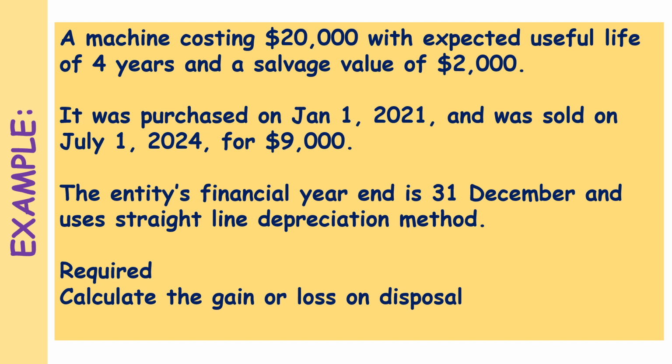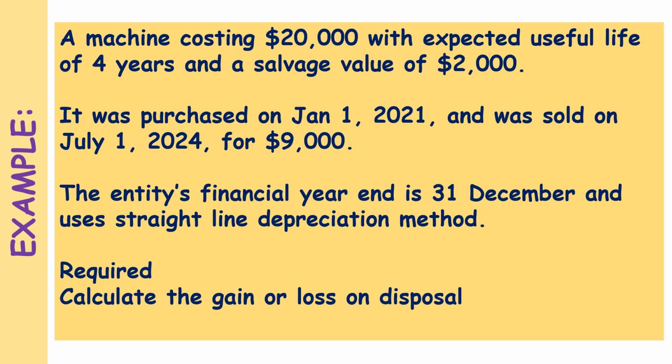Now you can take that $4,500 of 1 year depreciation and multiply it by how long this asset was used by the business. So we know it was purchased January 1st, 2021 and was sold July 1st, 2024. So that's 2 years and 6 months. So this asset was used for 2 years and 6 months.